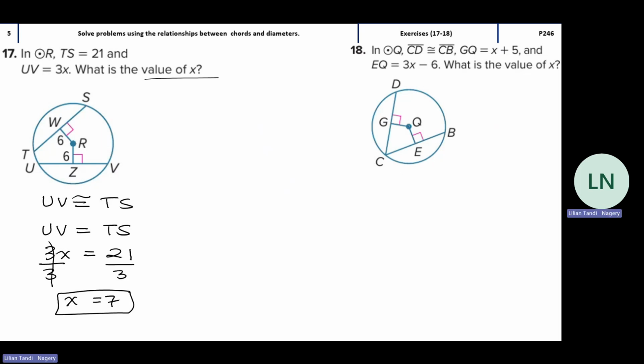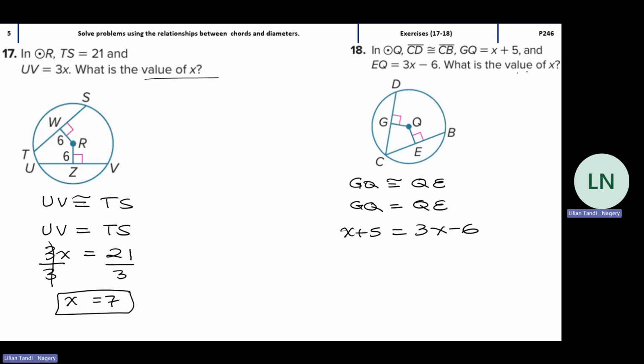So remember, from the center to the chord, and it makes 90 degrees, and they are the same, it means the chords are also the same. It means GQ is also the same as QE. So GQ will be congruent to QE, which means GQ is equal to QE, and GQ is x plus 5, and QE is 3x minus 6.